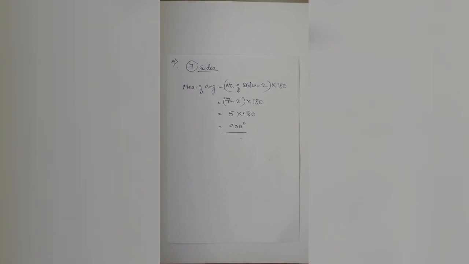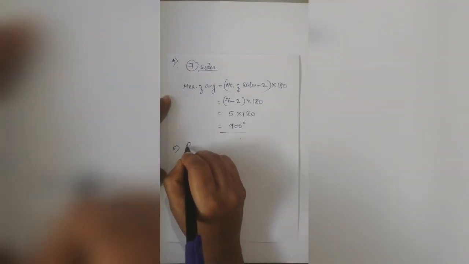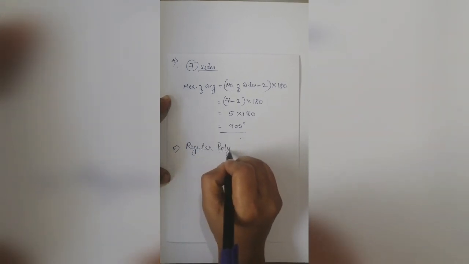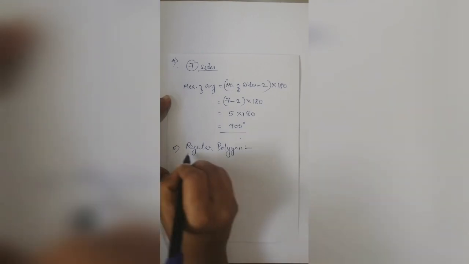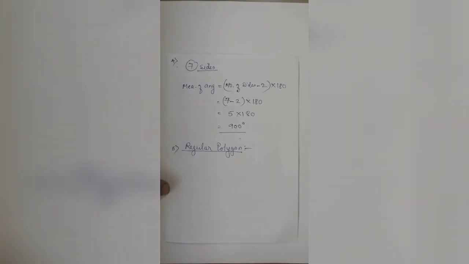Now the fifth one given: what is a regular polygon? Regular polygon means any polygon with equal sides.